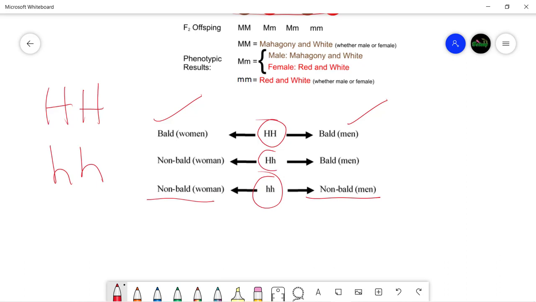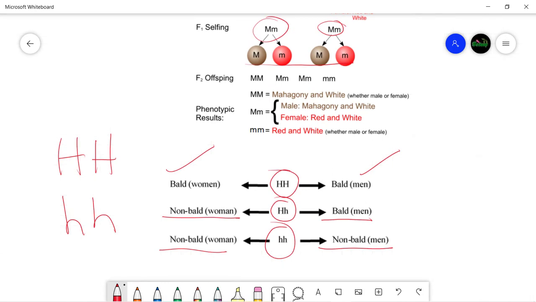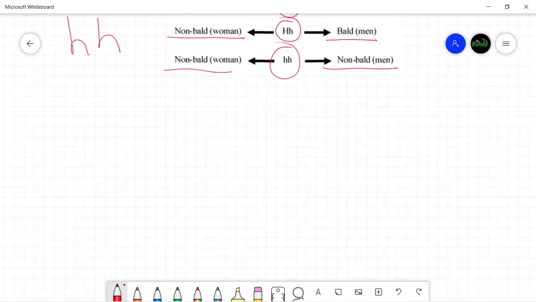However, in the heterozygous case, as you can see, the men are bald, but the women are still non-bald. So in the heterozygous case, this particular pair of alleles is affected by the gender or the sex of the bearer, just like we have seen in the mahogany and white and red and white. So this was a case from humans, pattern baldness.